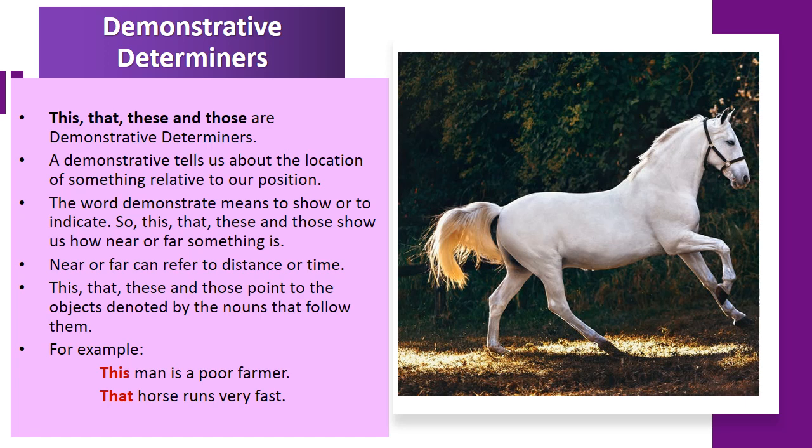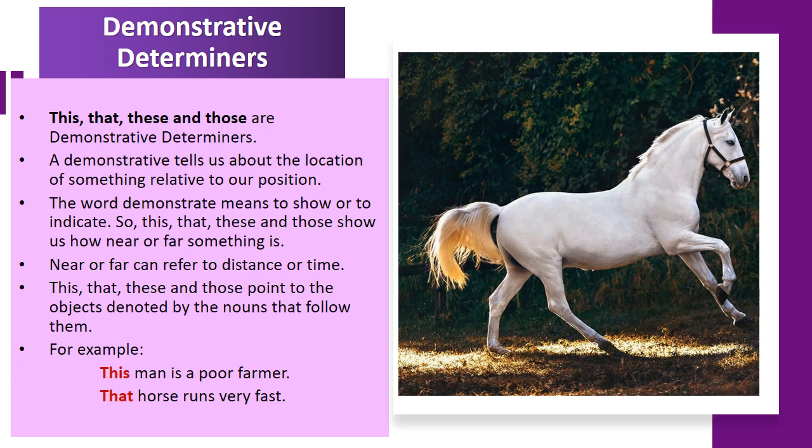So this, that, these and those point to the objects denoted by the nouns that follow them. So whenever we want to show something to someone, usually we point out that thing using the words this, that, these and those. So these 4 words are the demonstrative determiners. For example, this man is a poor farmer.